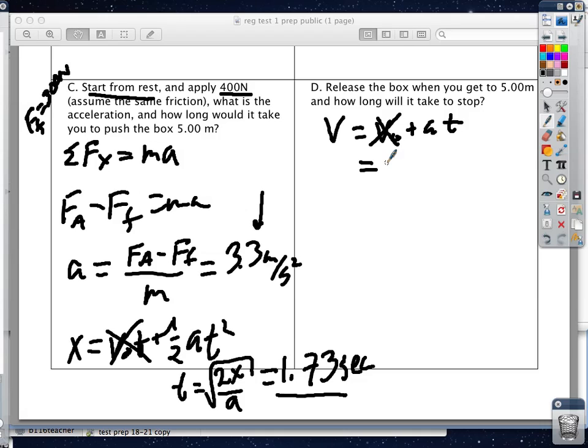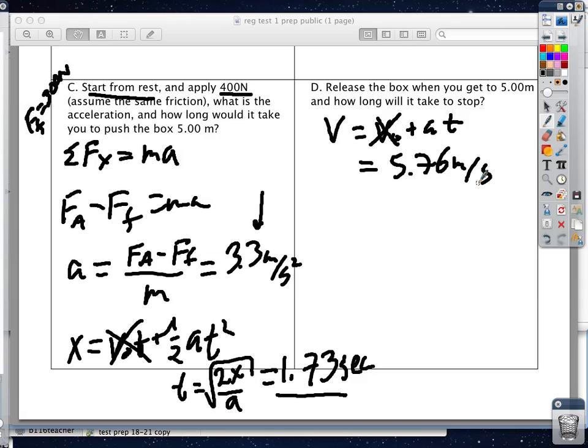Or what do you get? It might be 6. 5.76. Oh, okay. 5.76 meters per second. That's important because we need to know this to figure out the stopping.